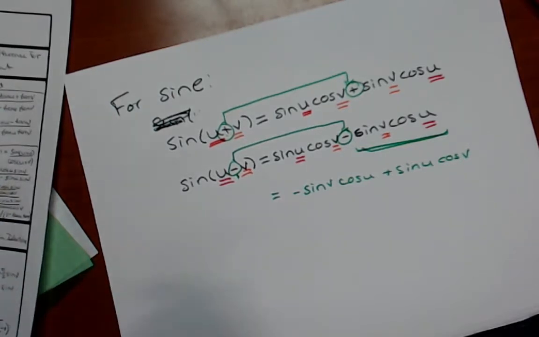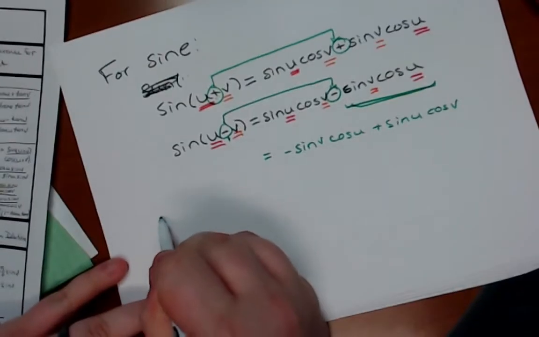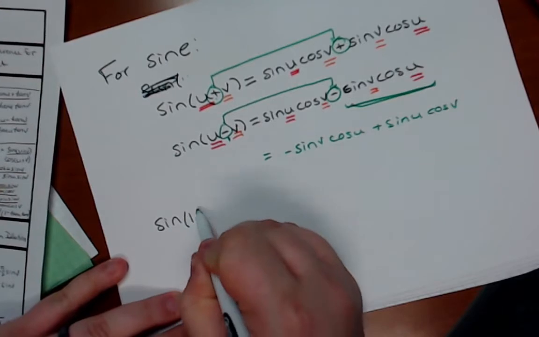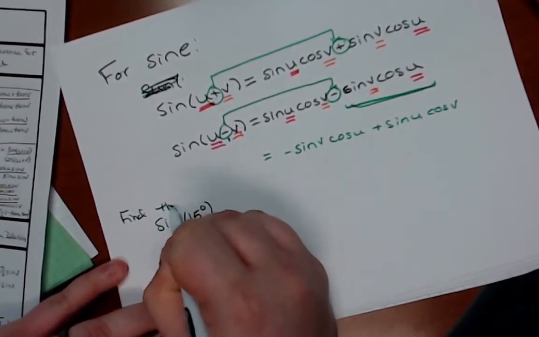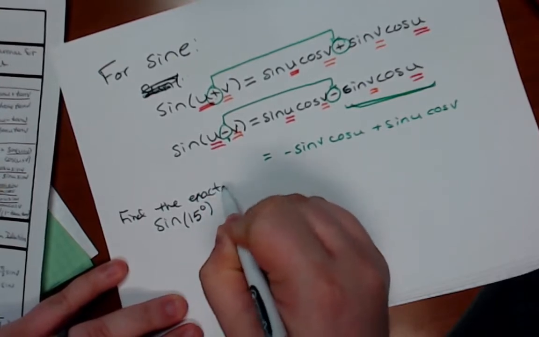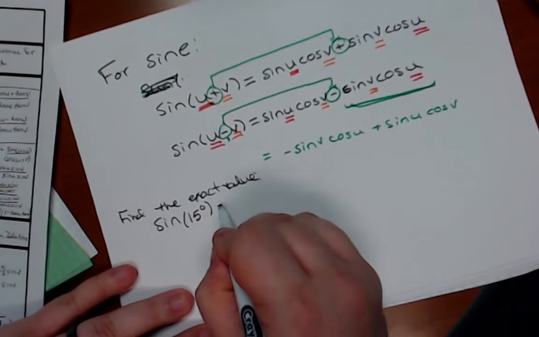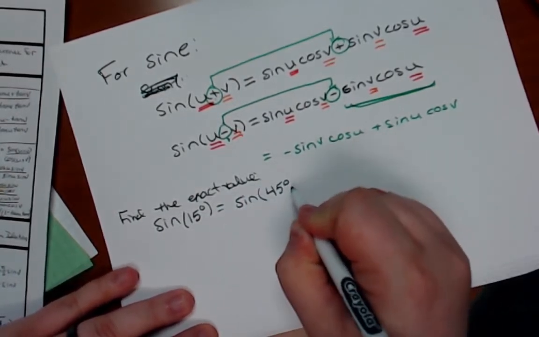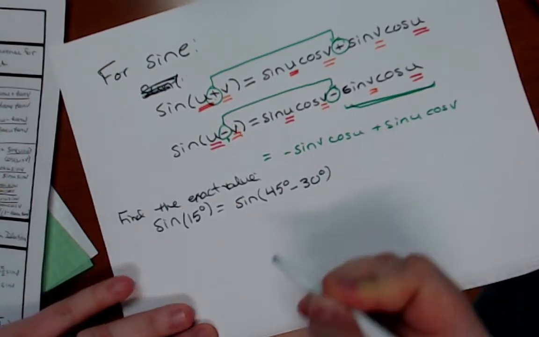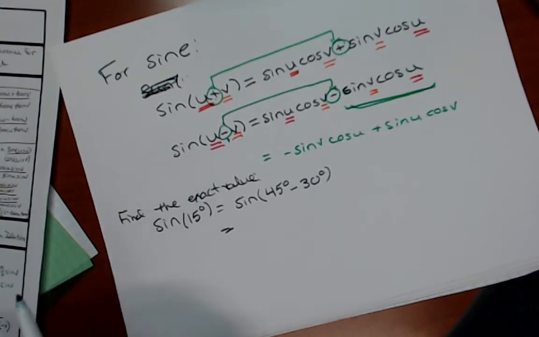So working with this formula, we have sine of 15 degrees. Find the exact value. So find the exact value of sine of 15. Well, that's the sine of 45 degrees minus 30 degrees. And if in our previous we had sine, cosine, sine, sine.